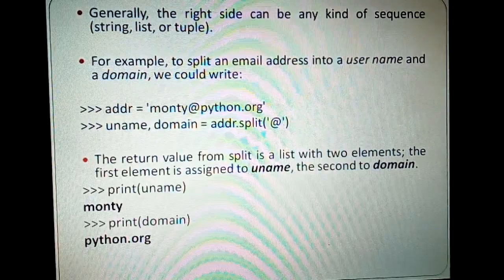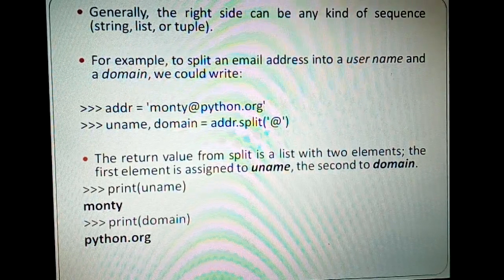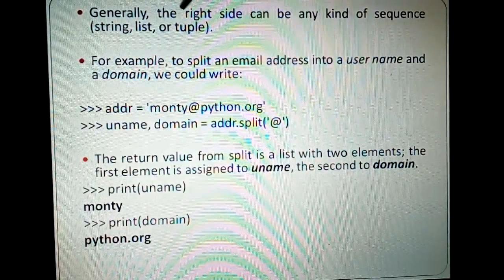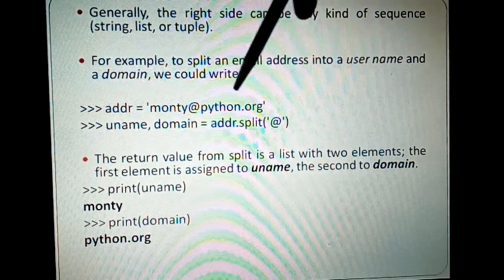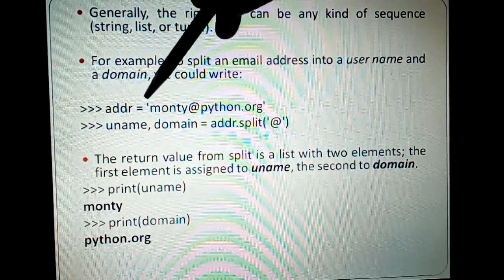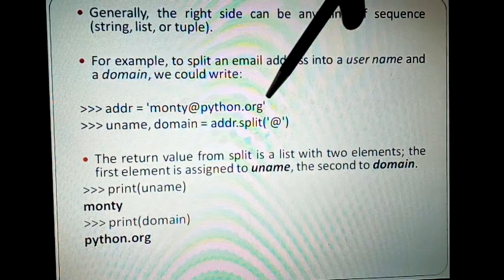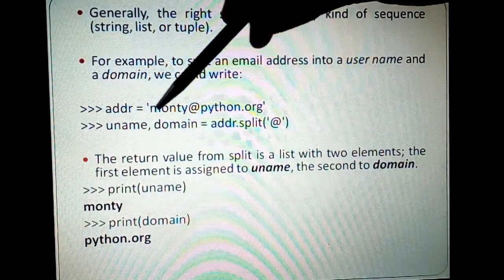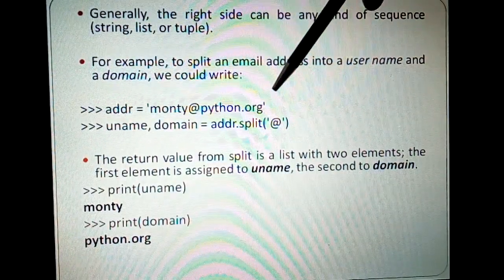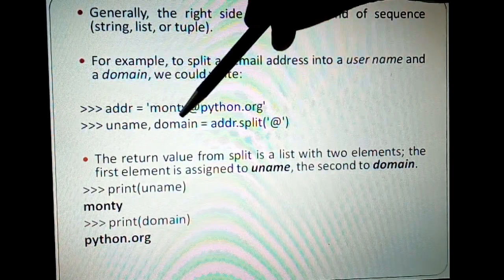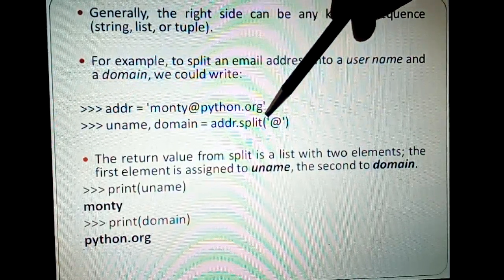Now apart from this, the right side can be any sequence such as a string, list or tuple. For example, if I have an email address given by addr equals 'monty@python.org', where the username is monty and the domain is python.org, then I would just have to say uname, domain = addr.split('@').